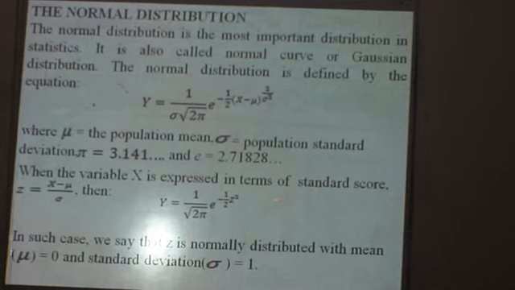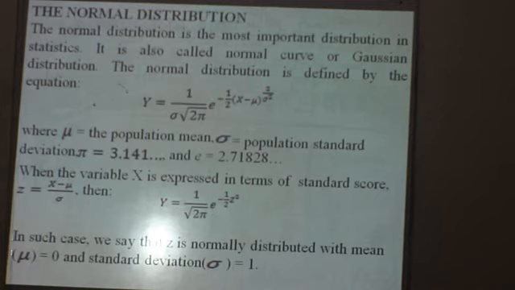Then, when we convert the random variable x into a standard score, we will end up getting this whole equation in place of the normal curve. So, with this, we will say that the z is normally distributed with mean 0 and standard deviation 1.